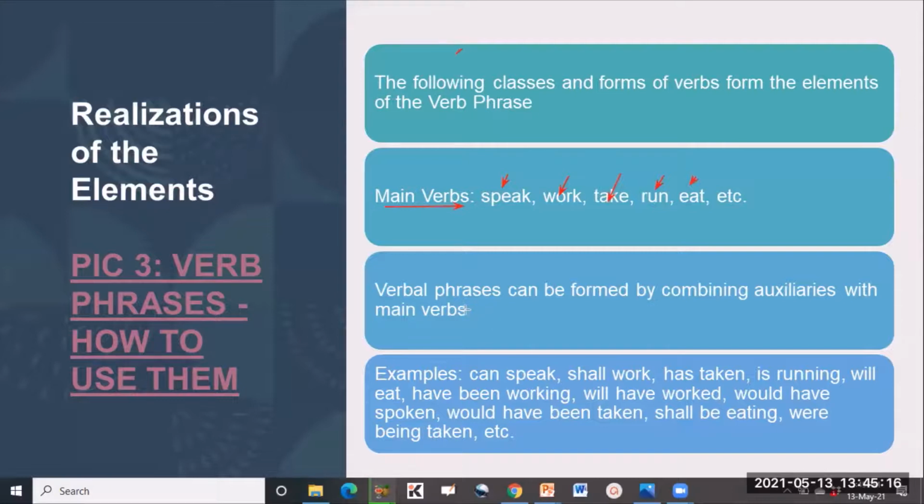Because here you can see that verb phrases can be formed by combining auxiliary verbs with the main verbs. So now look at the verb speak combining with the auxiliary can. Let's try to give some specific examples here.